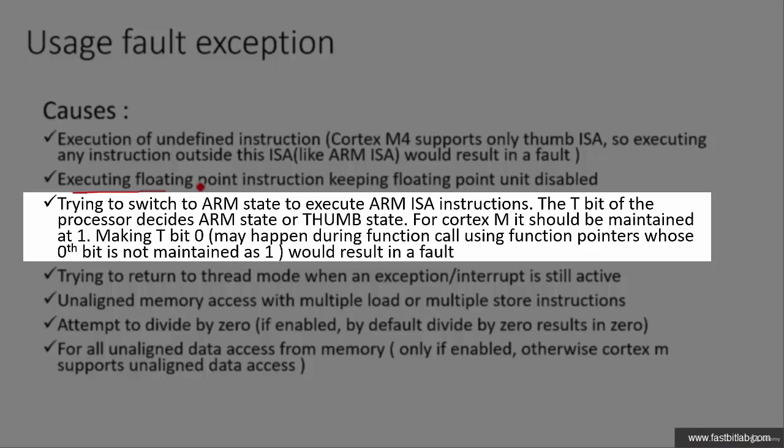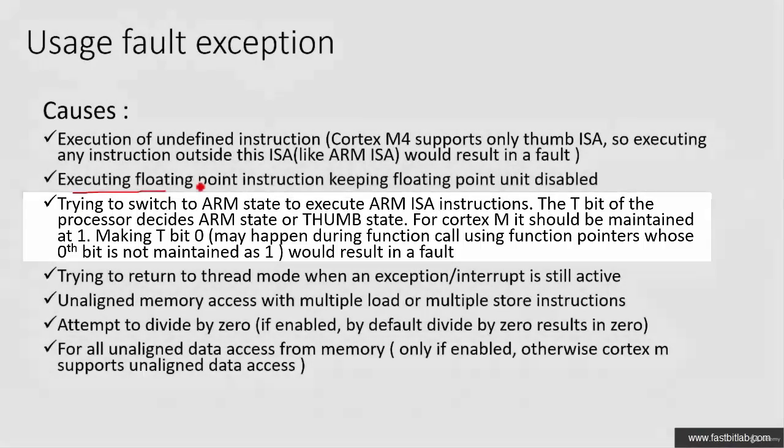For Cortex M, the T bit should be maintained at 1; making the T bit 0 is an error. This may happen during a function call using function pointers whose 0th bit is not maintained as 1. That would result in a usage fault exception. That is, trying to switch to ARM state to execute ARM ISA instructions.